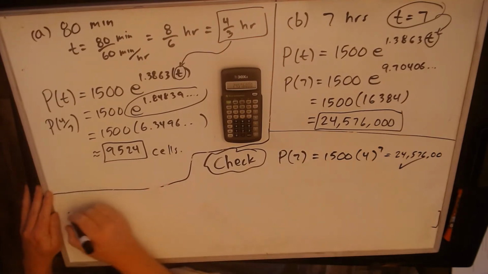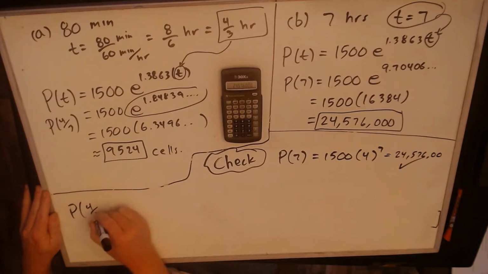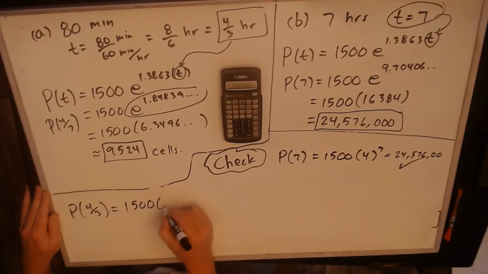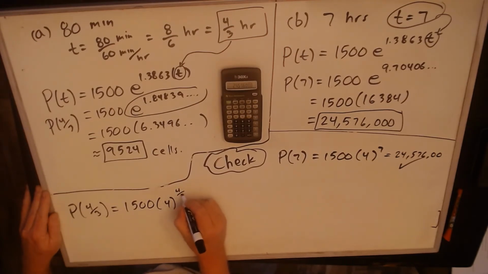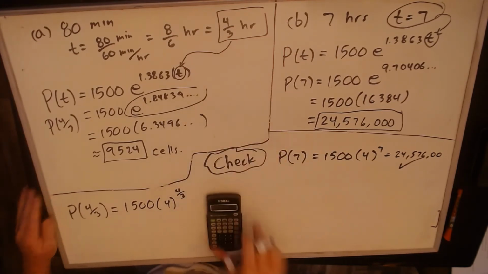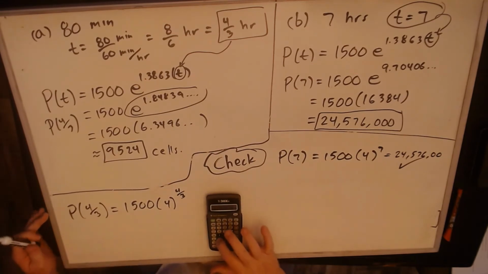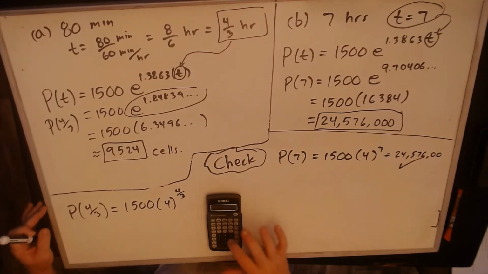How about this one? P of 4/3 using the original base 4 model. Just double checking. So I've got 4 to the 4/3 power.